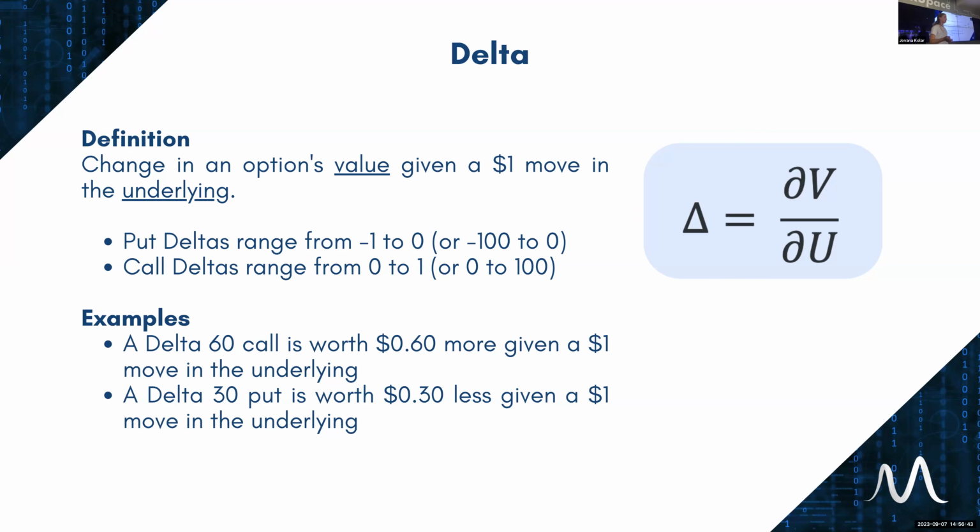You would never pay more than $1 less given a $1 move up in the underlying. So put deltas go from -1 to 0, I'll just say -100 to 0, and 0 to 100 for the calls. But I think I said the wrong way around: negative, positive, positive. Does that make sense?